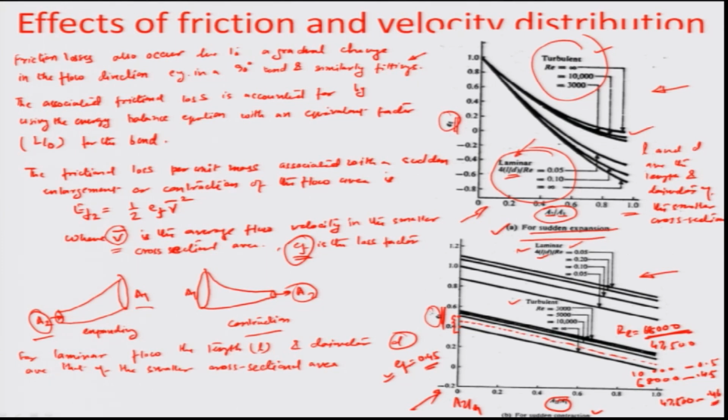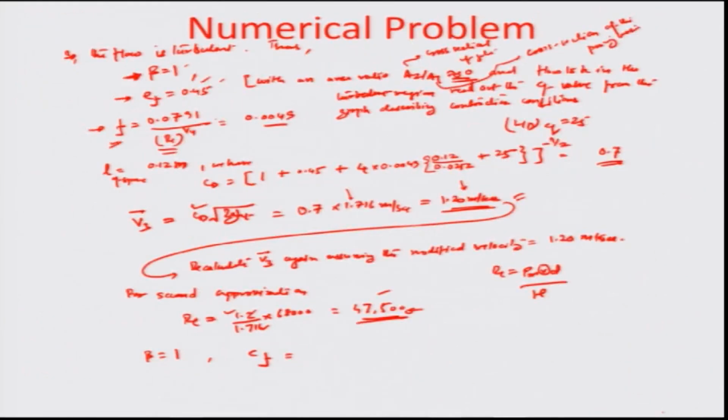Just extrapolate between 10,000 and 68,000 and estimate the value at 47,500. So, this comes out to be about 0.46. So, 0.46 is the new EF value.